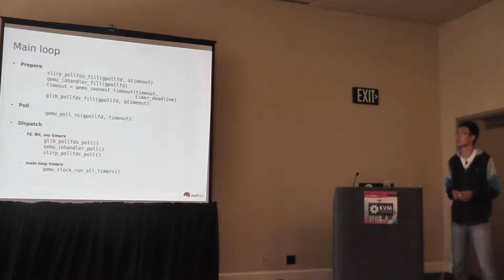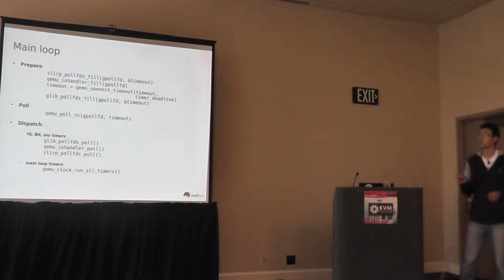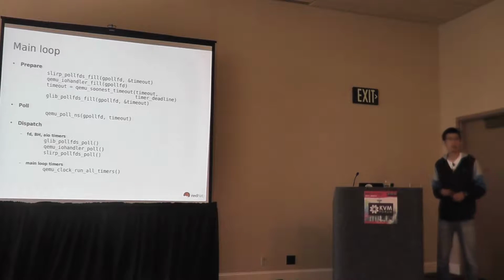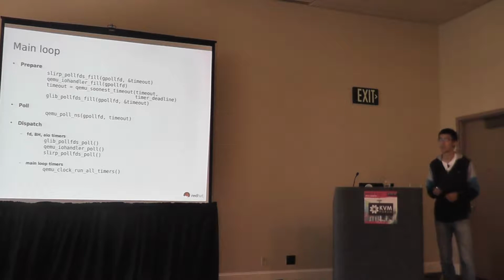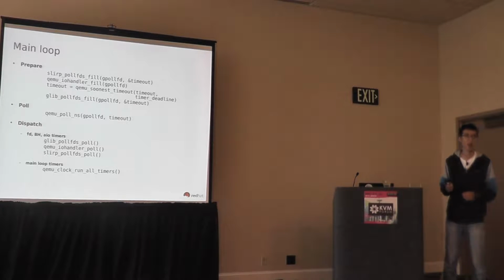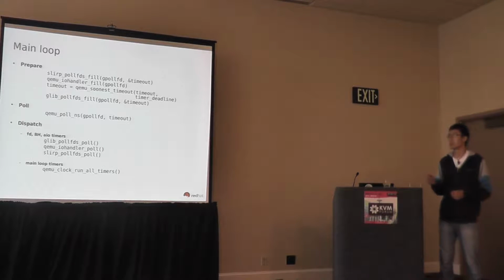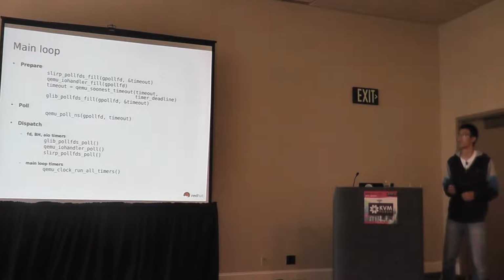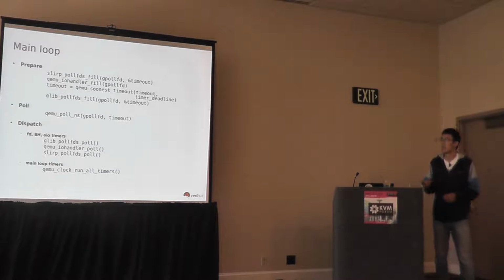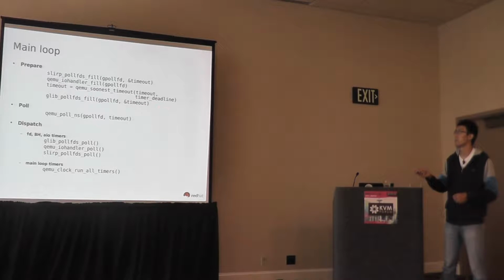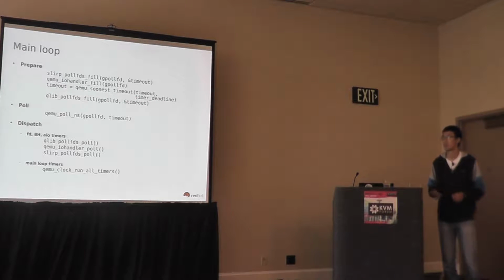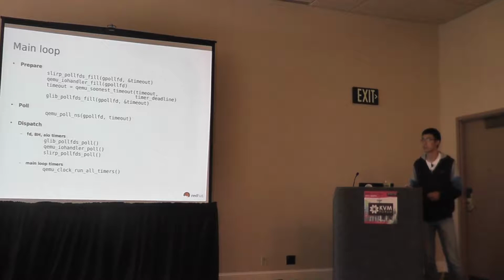Timeout is interesting because it's also passed into the poll function in the second phase. We do not want to block forever if we do not get any new file descriptor events, because we also want to emulate timers. So the timeout is most importantly for timers. And you can see in the first prepare phase, we also have a calculation for the timeout of the main loop timers.